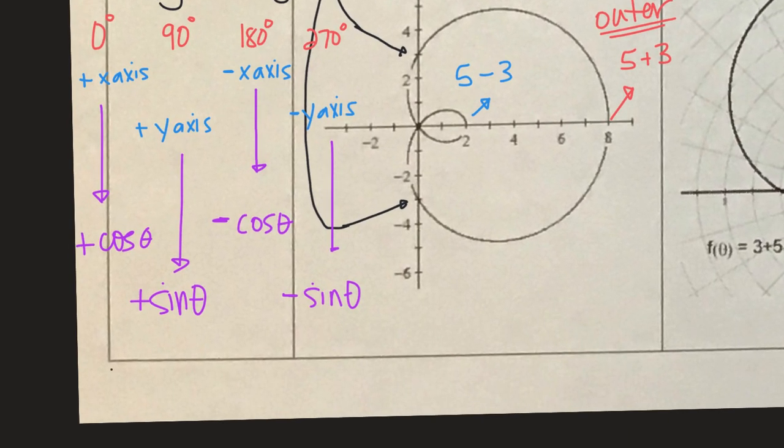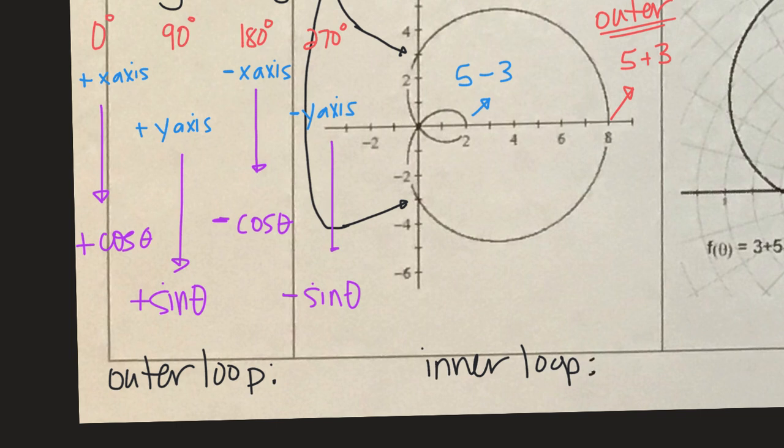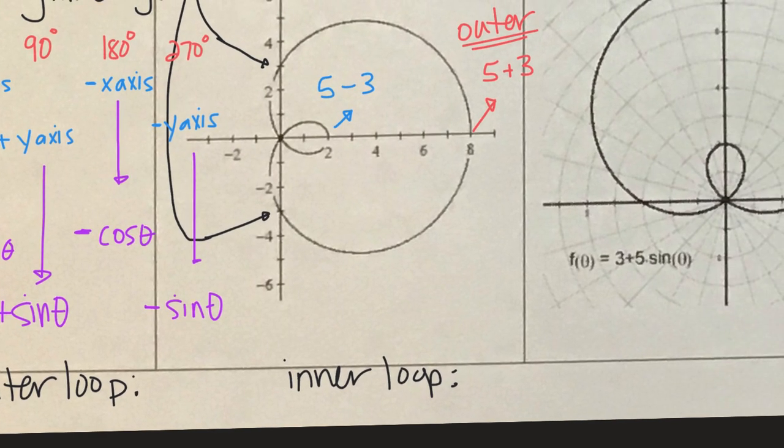Okay? The other ones are about your loops. How far away is your outer loop, and how far away is your inner loop? Okay, I'm going to ask you those two things, right? So the answer is 8 is the outer loop, and 2 was your inner loop. And then the last thing I'm going to ask you is your non-pole intercept.